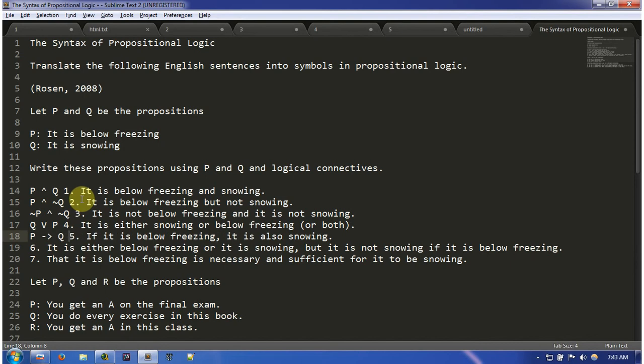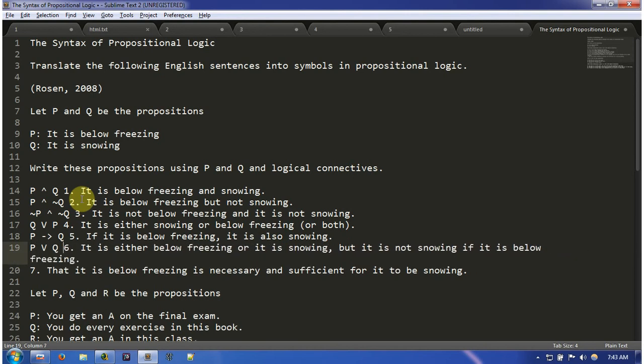Next, number 6. It is either below freezing or it is snowing, but it is not snowing if it is below freezing. Let's start with the first phrase. It is either below freezing or it is snowing. That's the first one.